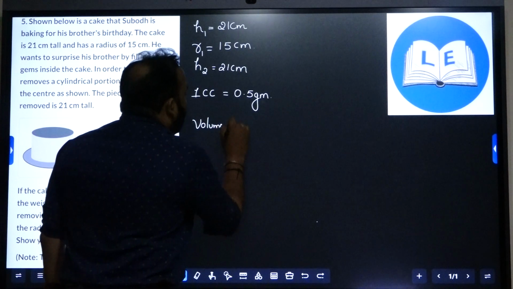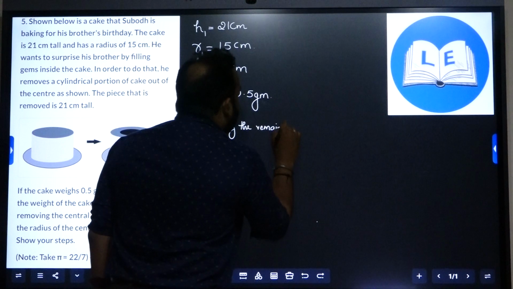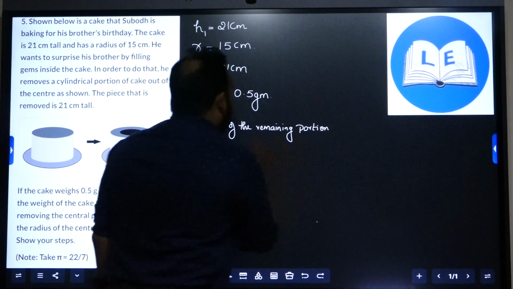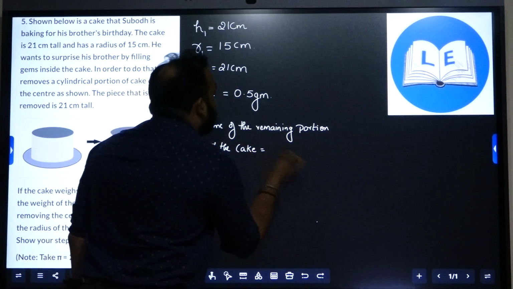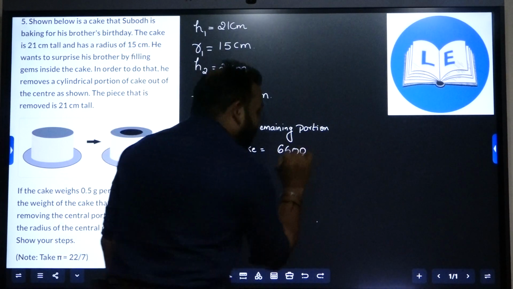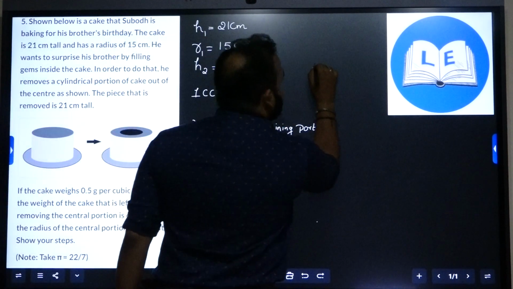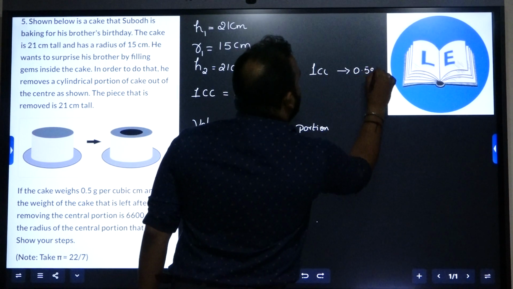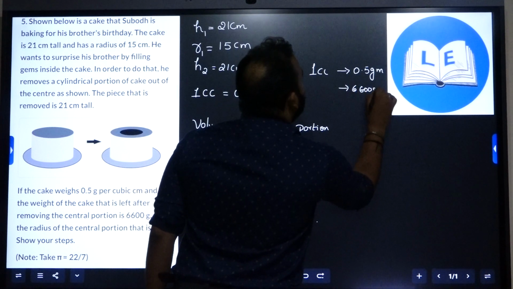How do you find volume of the remaining portion of the cake? Volume of the remaining portion of the cake is what, children? It is given as 6,600 grams. But we know that 1 centimeter cube is 0.5 gram. So if 1 centimeter cube is 0.5 gram, what is the volume occupied by 6,600 grams?